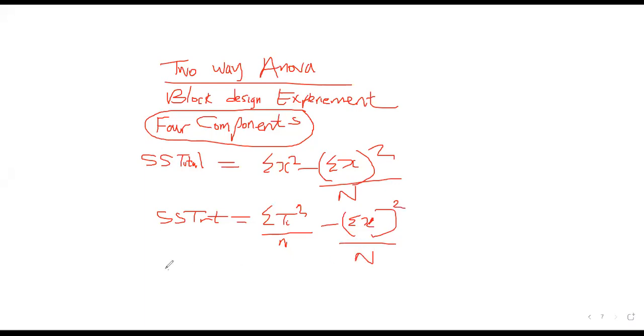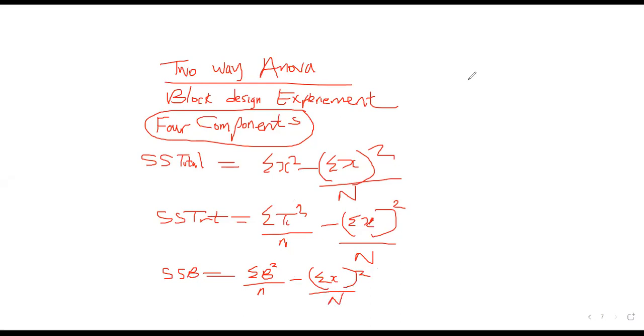Sum of square of blocks is equal to summation of b square over n minus summation of x square over n.